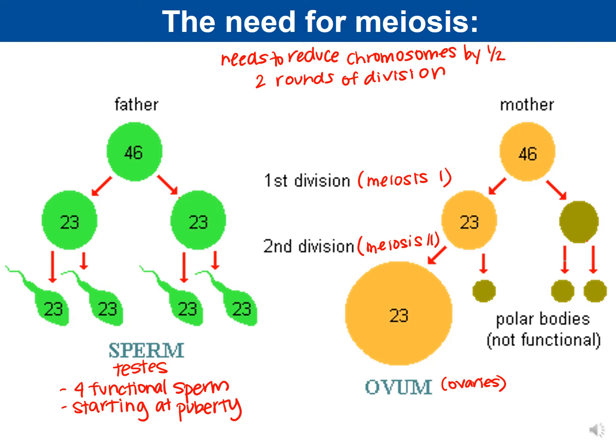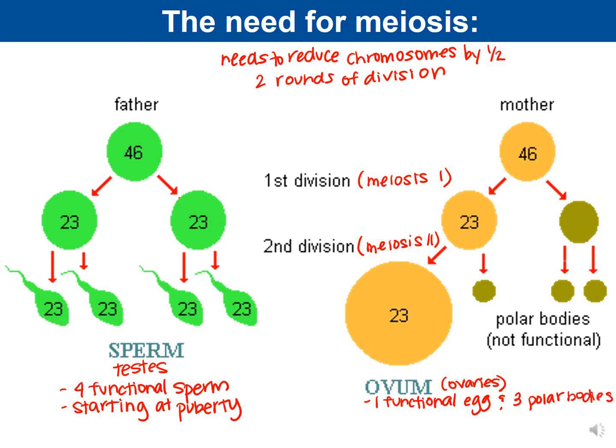Now, the difference being that in males, you get 4 functional gametes, meaning you get 4 functional reproductive cells. In oogenesis, on the other hand, in the females, we get 1 functional egg and 3 polar bodies.